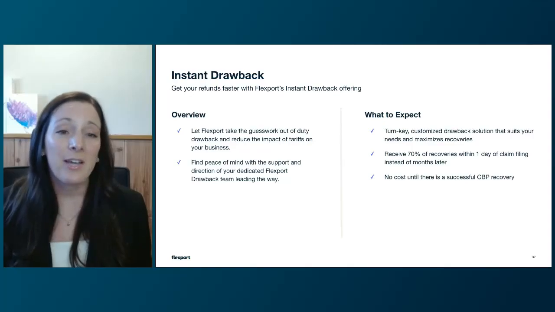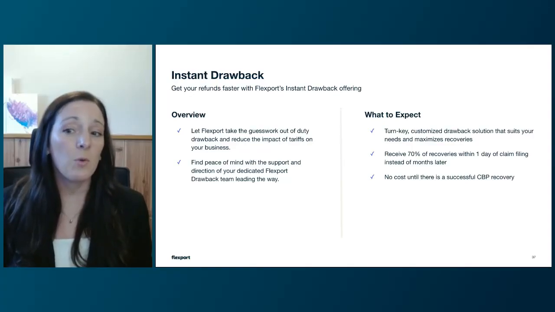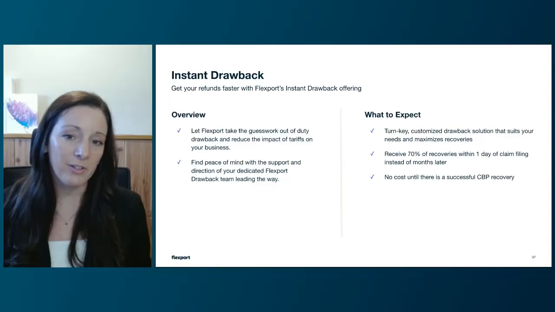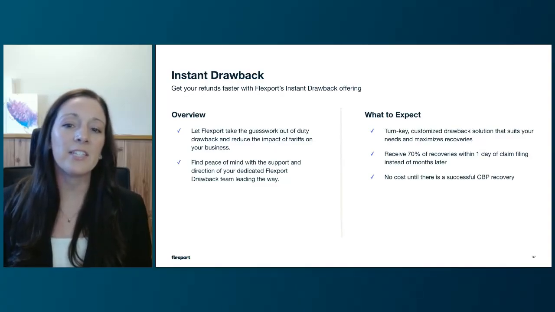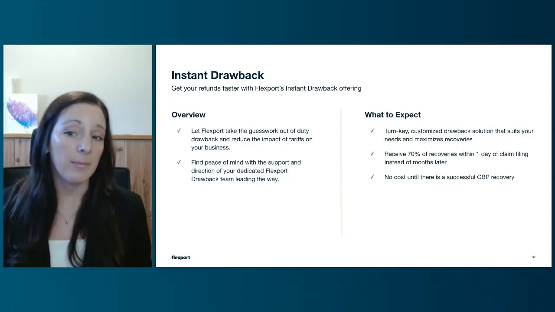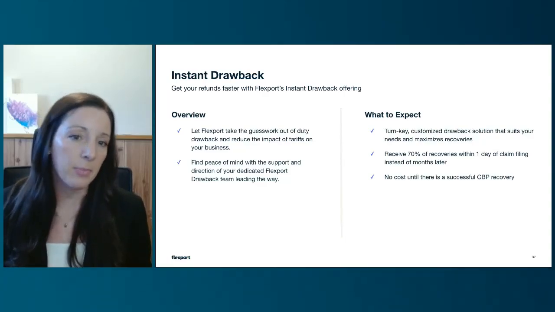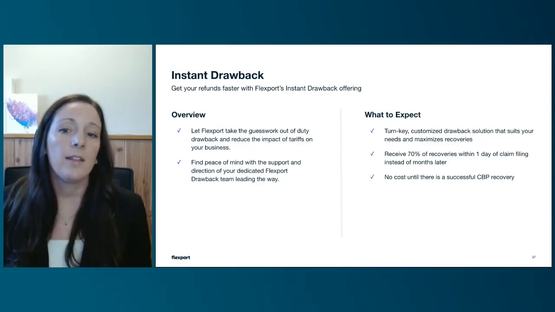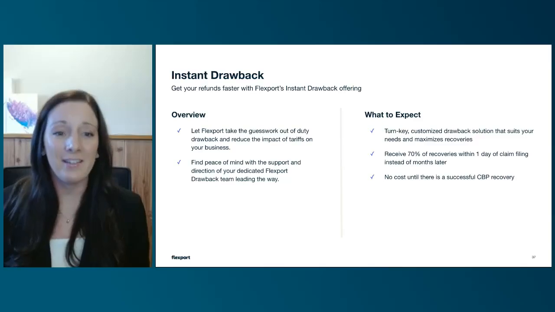The remaining 30% will be paid to you, less our fees once the drawback payment has been received by Flexport. The advance fees of 2 to 10% is dependent on whether a claimant has been approved for accelerated payment or not. This is a great opportunity to get money back into the company's hands even faster.